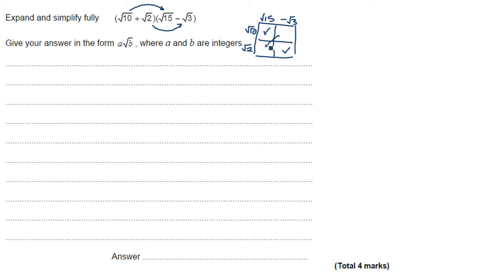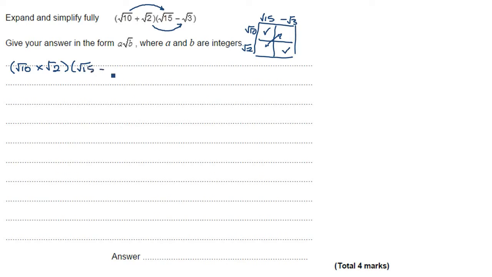Okay, I think we're ready just to give this a go, so let's write it out. Let's rewrite the whole thing again. We've got root 10 plus root 2, and in the second set of brackets we've got root 15 minus root 3.